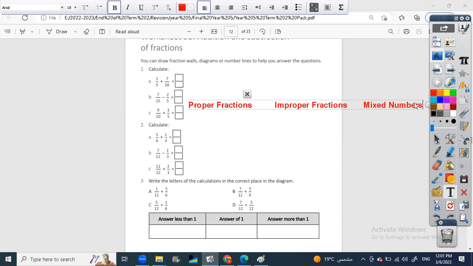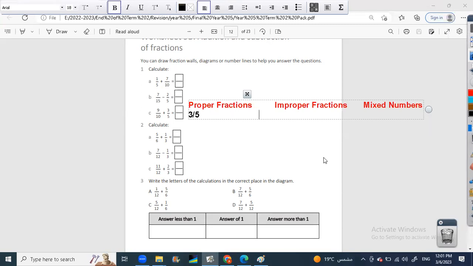Okay, so the proper fraction, like what? It's the fraction that has the numerator smaller than the denominator, like 3 over 5. This is a proper fraction, but the improper fraction is like 5 over 3. The numerator is bigger than the denominator.